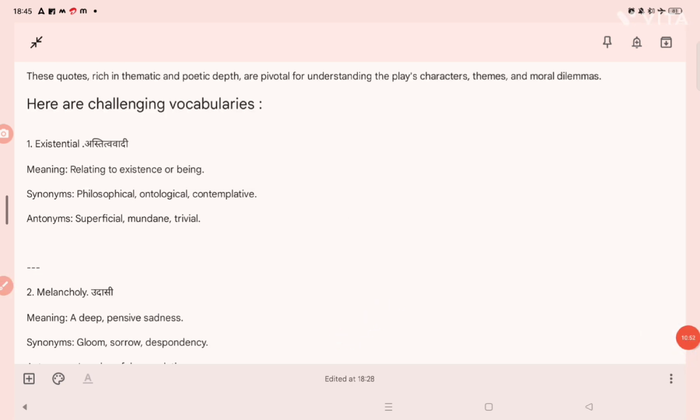These quotes, rich in thematic and poetic depth, are essential for understanding the play's characters, themes, and moral dilemmas. Challenging vocabulary: existential, philosophical, contemplative; superficial, mundane, trivial.